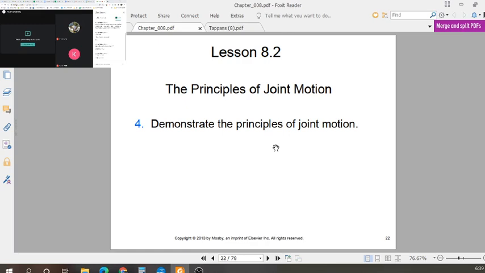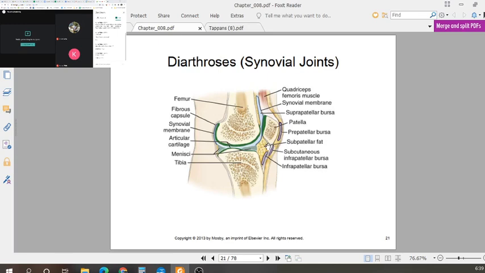And so this is showing you the knee joint, with the patella. So we have fat pads, we have meniscus, we have bursa all in here. You have the synovial membrane lining the entire surface where these bones are going to slide. Okay, see that?